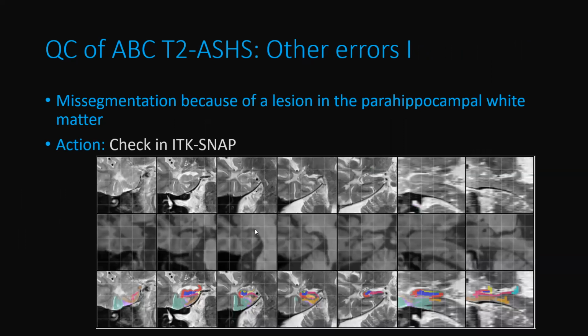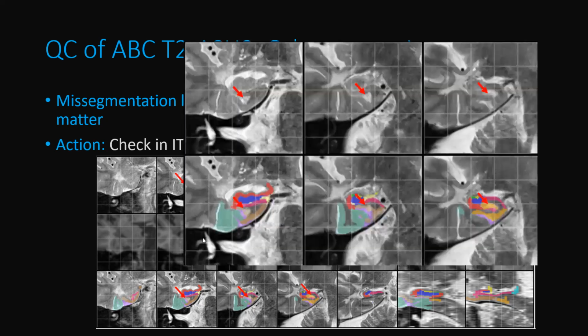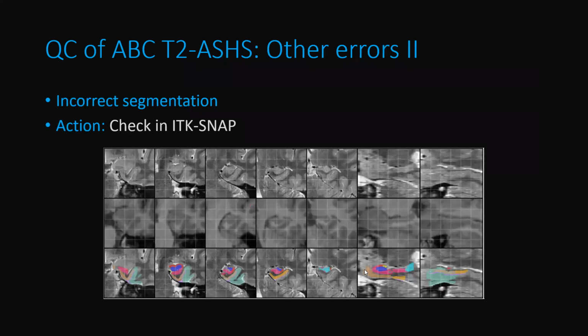So then I identified a few other small errors, or well, big errors, but these are not as common. Here you see a white matter lesion in the hippocampal white matter, which completely messes up the segmentation. So you would either have to exclude or edit this case.